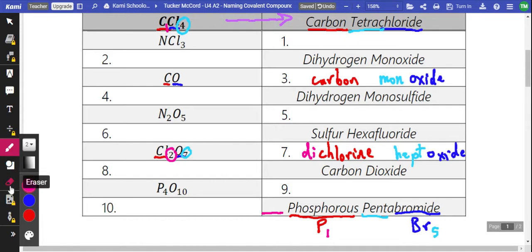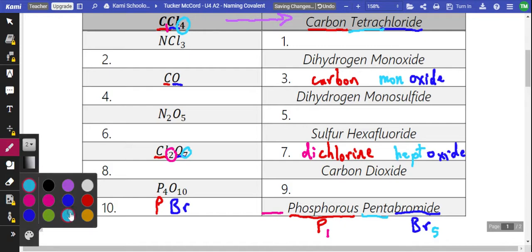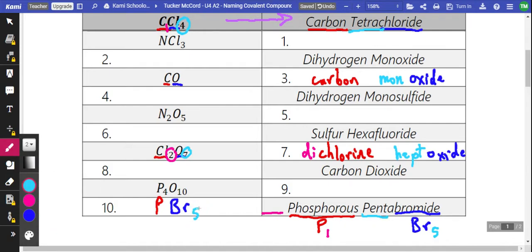A lot of times we also imply the 1 in general in formulas too, so this ends up going away also, funnily enough. So this is going to be written out as P, and again we drop the 1. It's not technically wrong if you write it, but it's kind of a fashion faux pas in chemistry. So PBr, then 5. Phosphorus pentabromide has the formula PBr5.